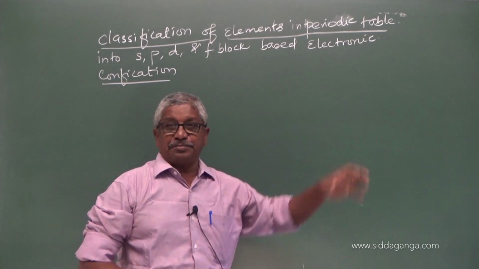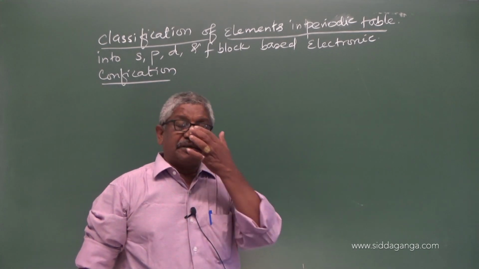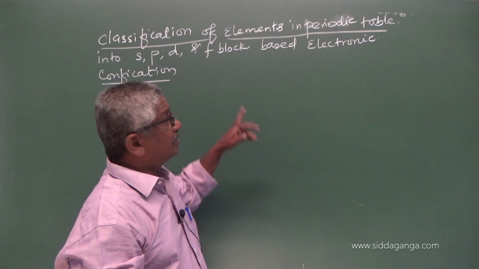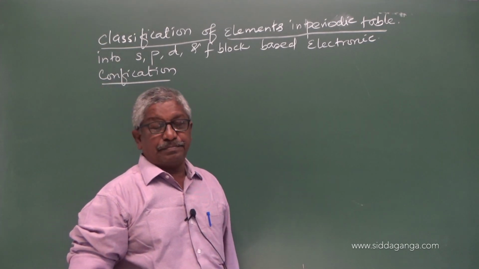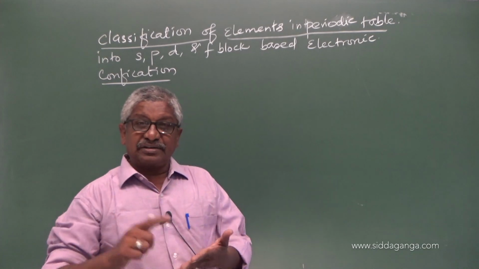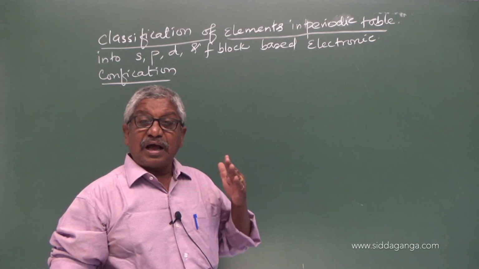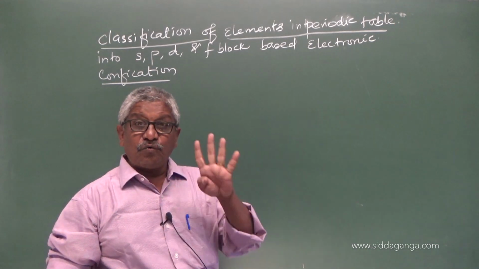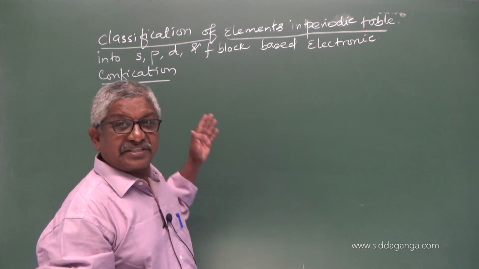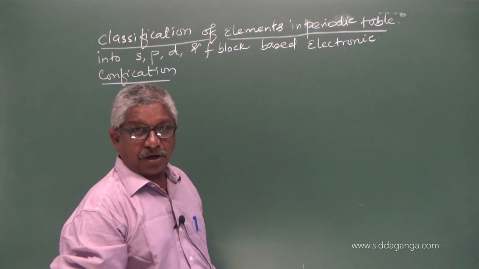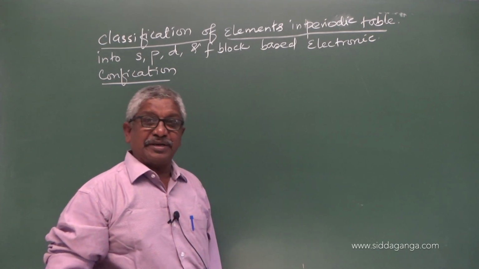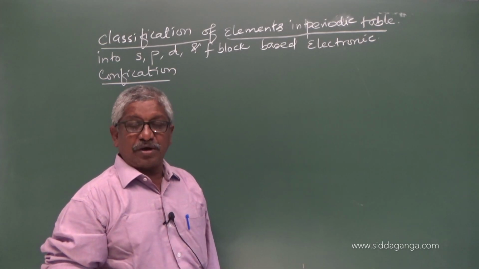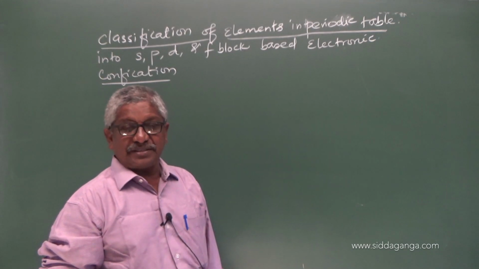So in the last part we have seen Moseley's modern periodic table. In the modern periodic table, based on electronic configuration, atoms are arranged in 4 blocks. Extreme left it is S block, very reactive elements. Extreme right 6 groups are P blocks, less reactive elements.